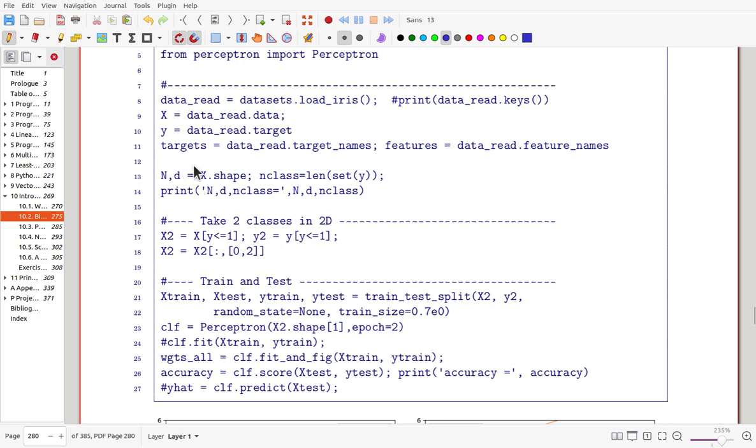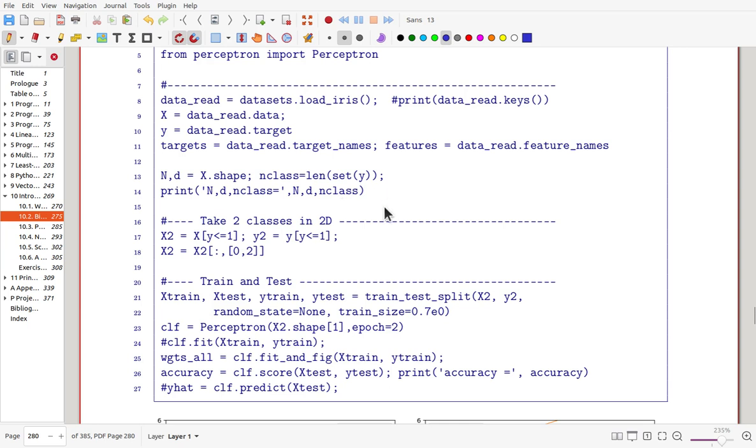Now for the data, you may try to get the number of data points and the dimension. For y, we consider it as a set, where only 0, 1, 2 remain and the length will be 3, so you can print out to see how the data set is given.